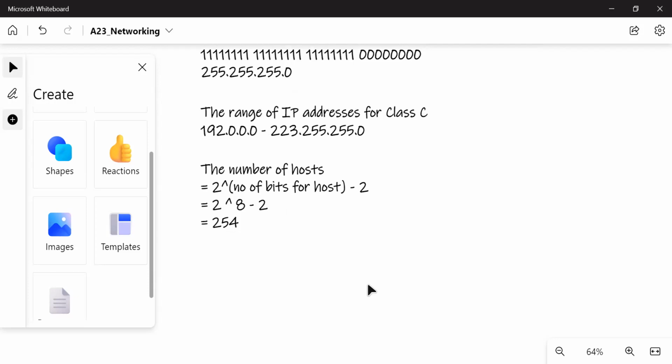Now, similarly, we can talk about the number of network addresses as well. For that, we can use 24 bits. Out of 24 bits, the first 3 bits are fixed. So that means 2 to the power 21.